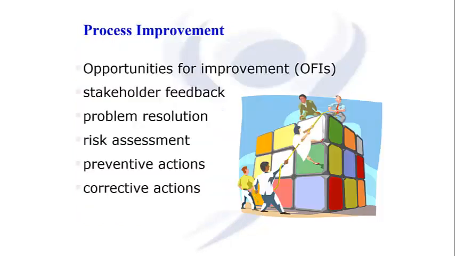Process improvement. The primary goal in a quality management system is continuous improvement of the laboratory processes, and this must be done in a systematic manner. There are a number of tools that are useful for process improvement.